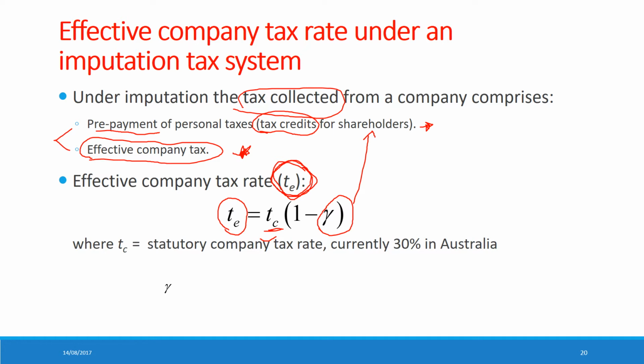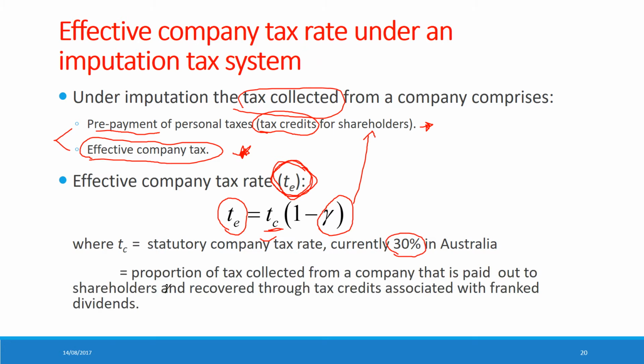TC here in the equation is the corporate tax rate, normally 30%, right? Gamma here is the proportion of tax collected from a company that is paid out to shareholders and recovered through tax credits, right? So this is the franking component that we talked about before.